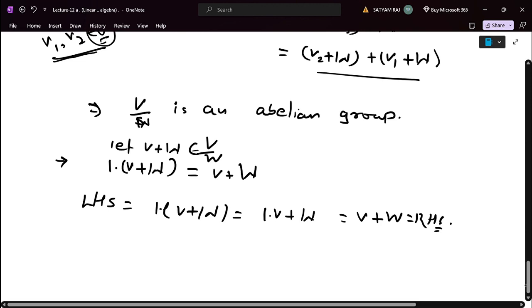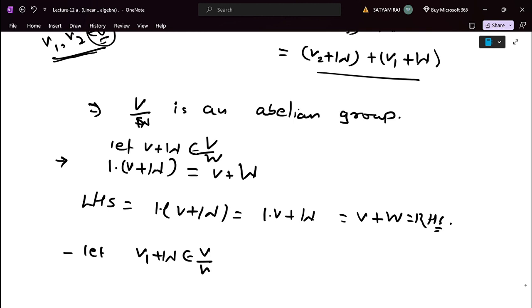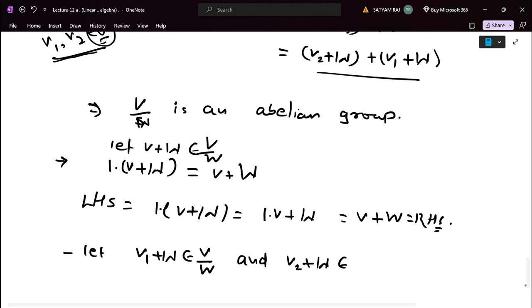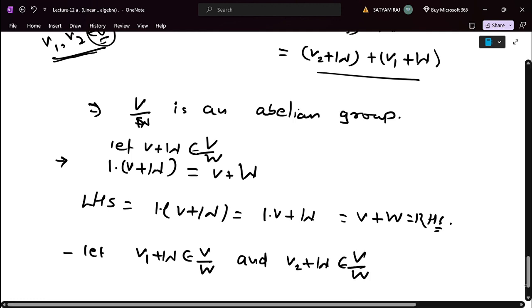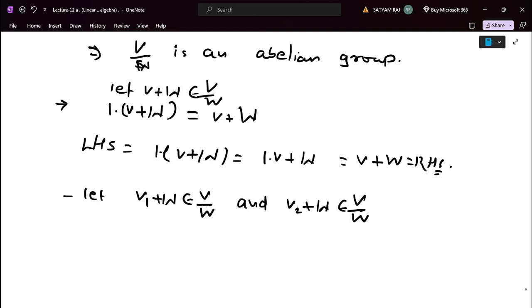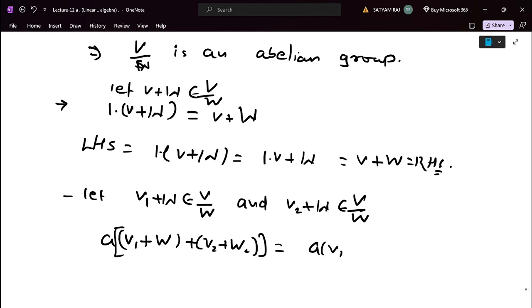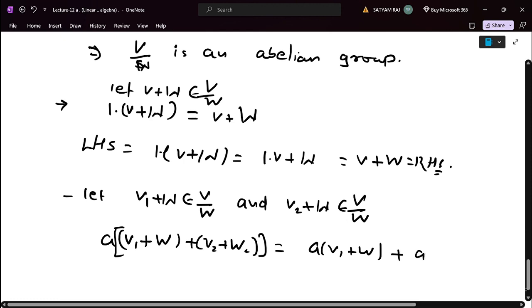Now, further properties we have to prove. Let v1 plus w belong to V by w, and v2 plus w belong to V by w. Now we have to prove that a into v1 plus w plus v2 plus w equals a to v1 plus w plus a to v2 plus w.